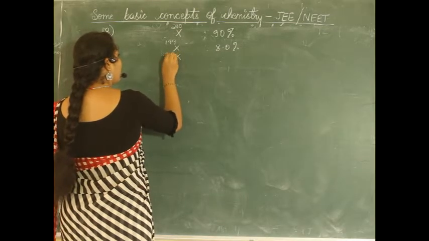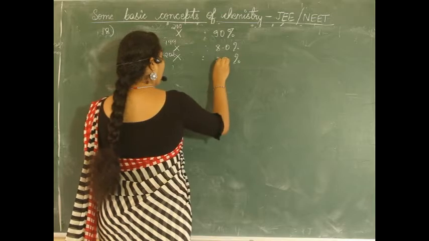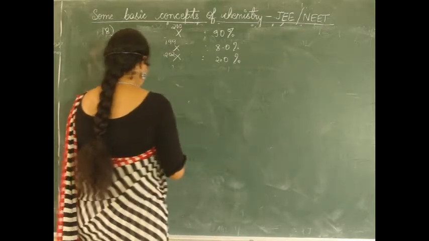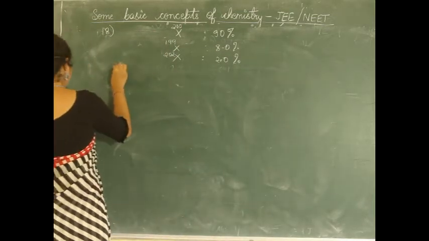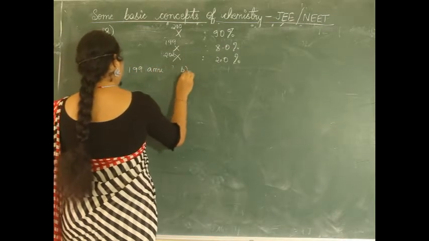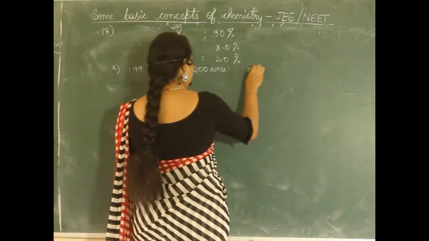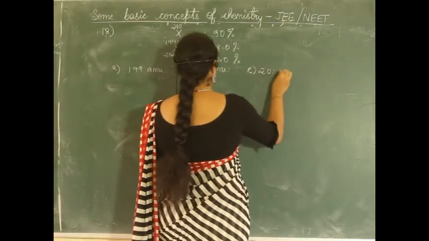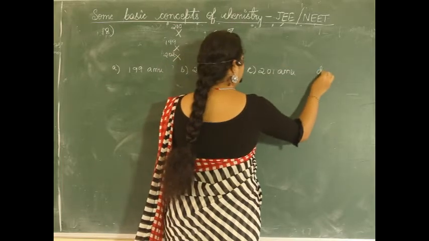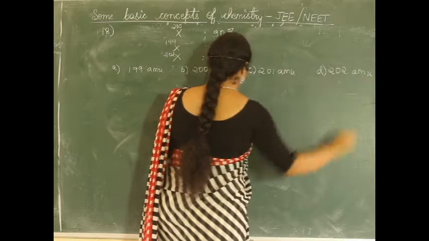Next is atomic mass 202 with 2% abundance. The options are A 199 AMU, B 200 AMU, C 201 AMU, and D 202 AMU, that is atomic mass unit.